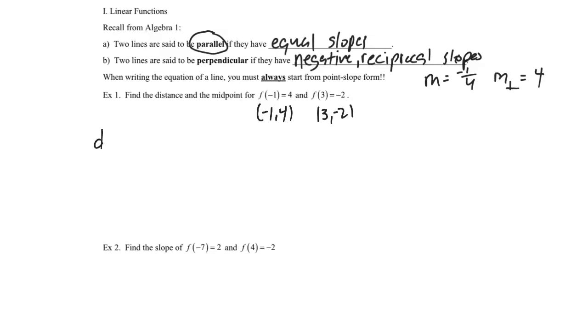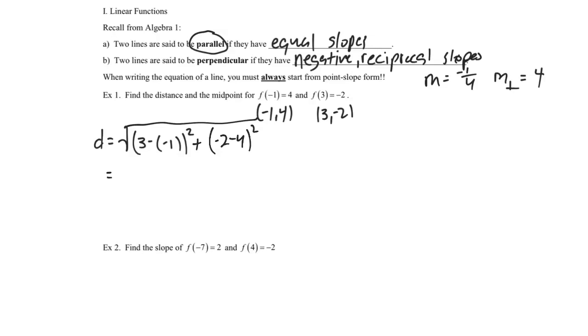If I want to find the distance between those 2 points, that's going to equal the square root of the difference in the x-coordinates. If I start with 3 first, that would be 3 minus negative 1, and then I'm going to square that difference. And I'm going to add it to the difference in the y-coordinates, which would be negative 2 minus 4, and then squared.